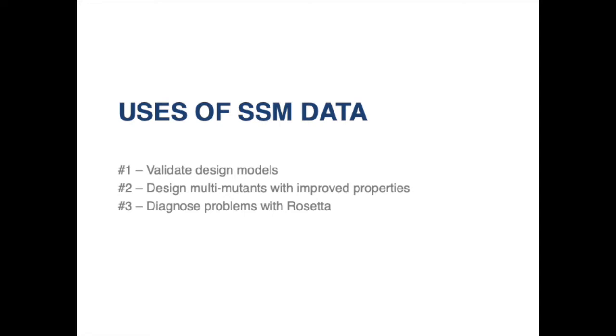And finally, another more unusual application: we try to use SSM data to identify problems with Rosetta itself in order to diagnose and fix them. So not only are we trying to learn how the proteins work, we're trying to make our own scientific computing software more accurate using this data.